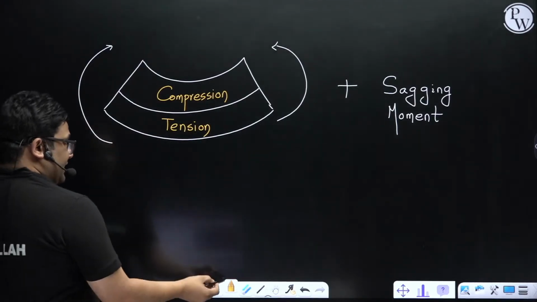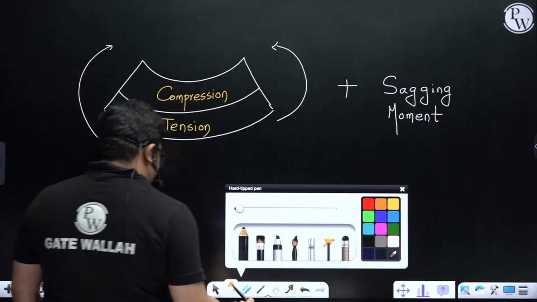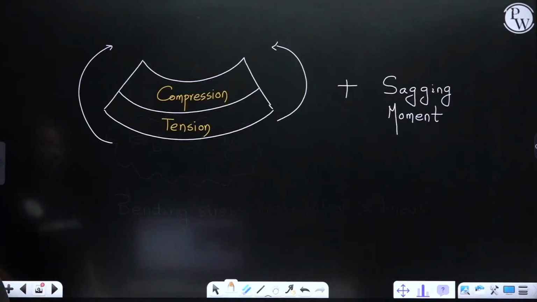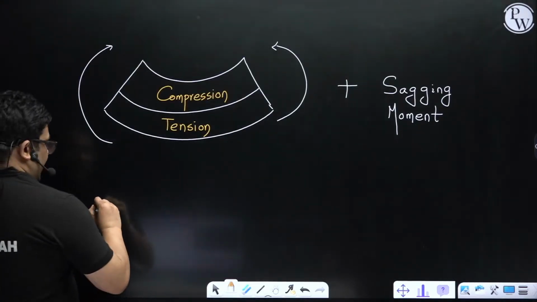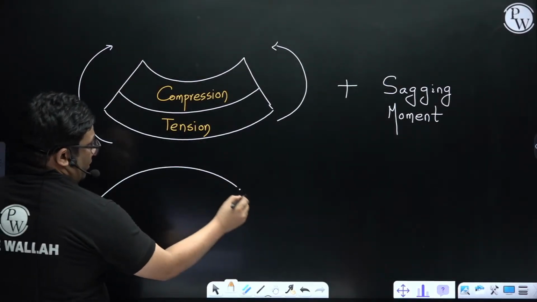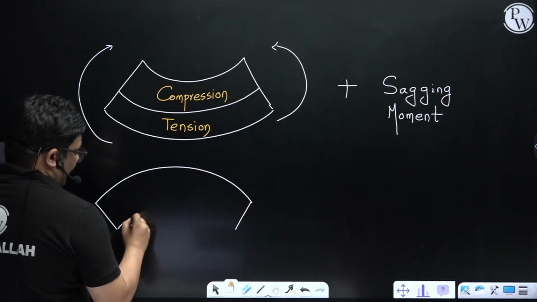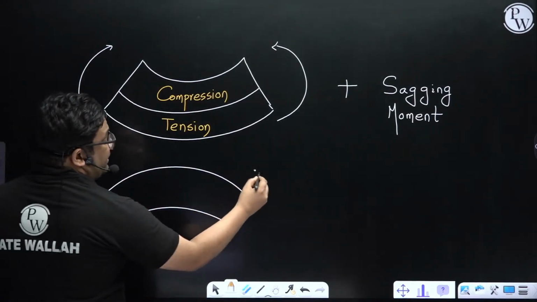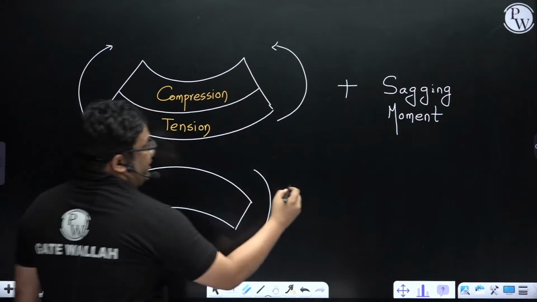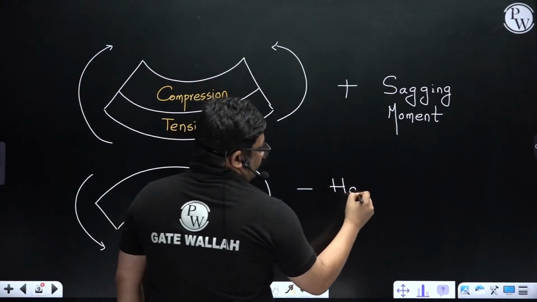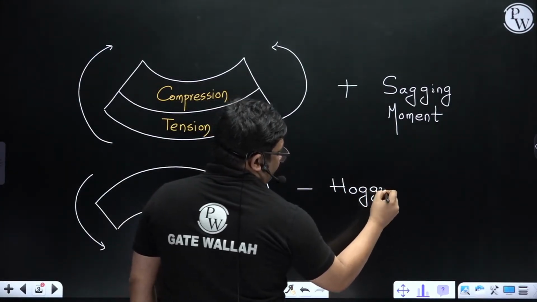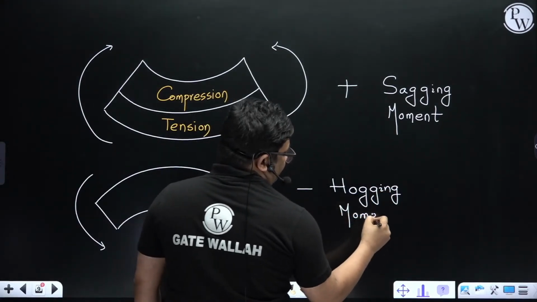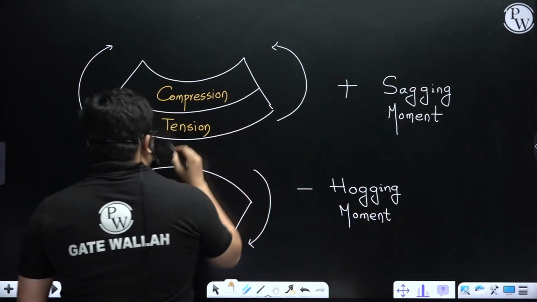The equation is the same. Here we are talking about whether it is compression or tension. And if it is a hogging bending moment, or a negative bending moment, in that case this was the neutral axis.